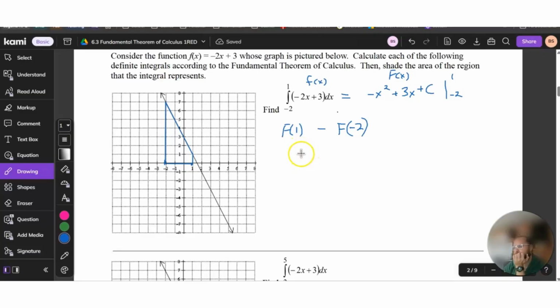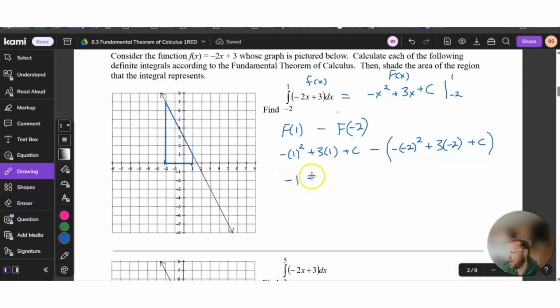So why f of 1? Negative 1 squared plus 3 times 1 plus c, minus negative 2 squared plus 3 times negative 2 plus c. Now, let's simplify that out a bit.